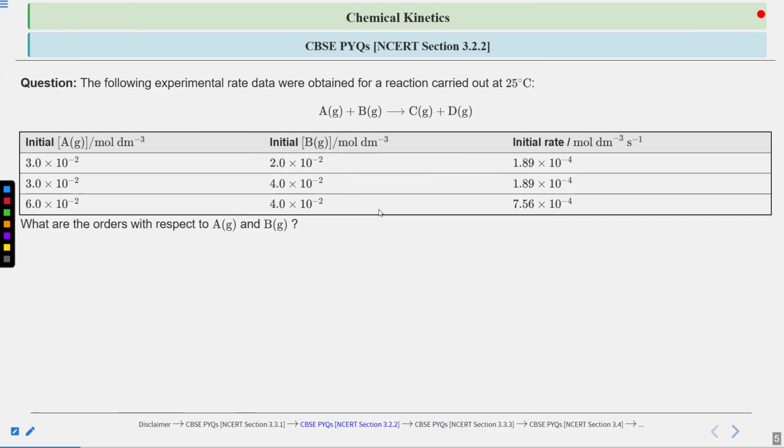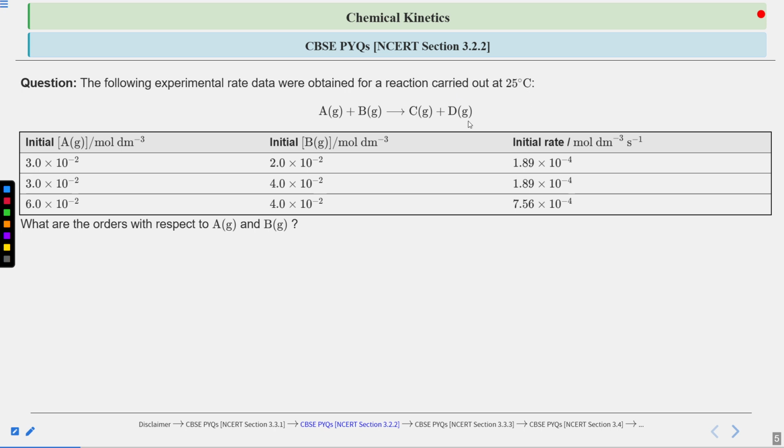So this is a CBSE PYQ, and this is covering the NCERT subsection 3.2.2 under the section 3.2 in our chapter Chemical Kinetics in the NCERT textbook. Now the question says that the following experimental rate data were obtained for a reaction carried out at 25 degrees Celsius.